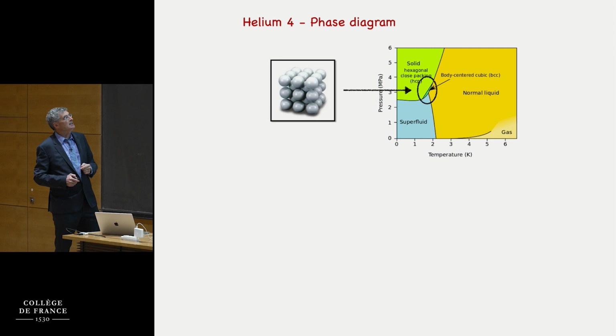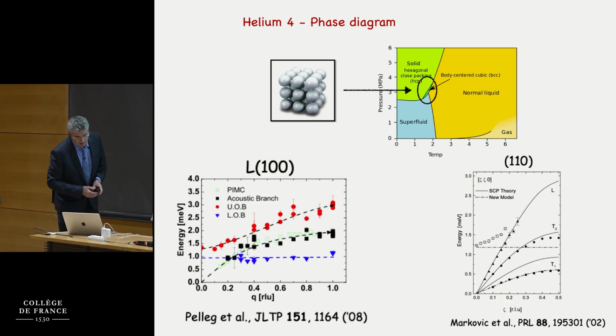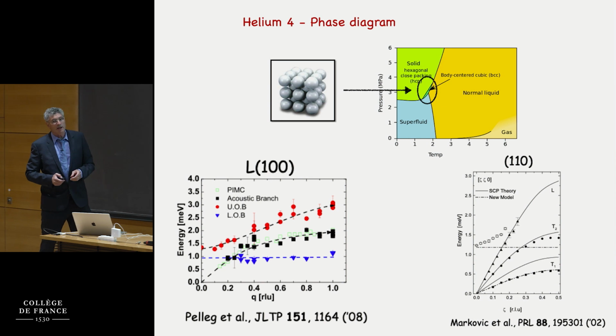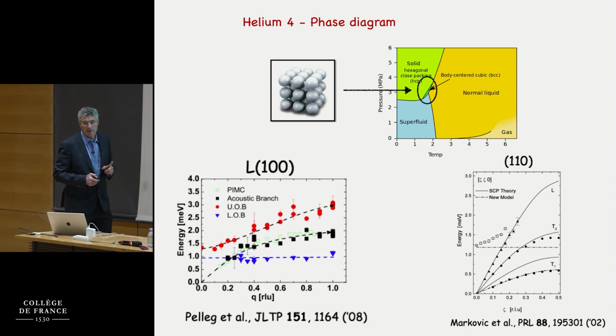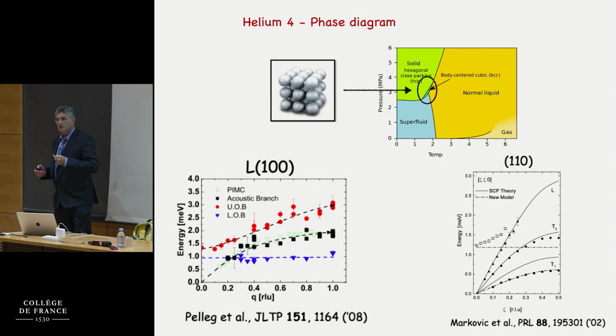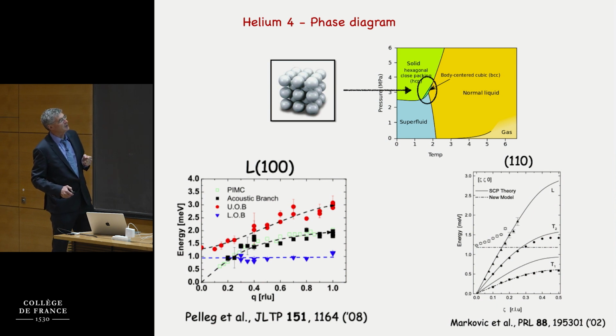It's the BCC phase that exists here in a tiny sliver of the phase diagram. And why are we interested in the BCC phase? Because in the BCC phase, we have a Bravais lattice. And in the Bravais lattice, there are only acoustic modes, right? There are no optical modes if you have one atom per unit cell. And as you can see here, in this experiment, they found some mode that as you go to Q equals 0, the mode doesn't go to 0, unlike the acoustic modes, the transverse and longitudinal acoustic modes.